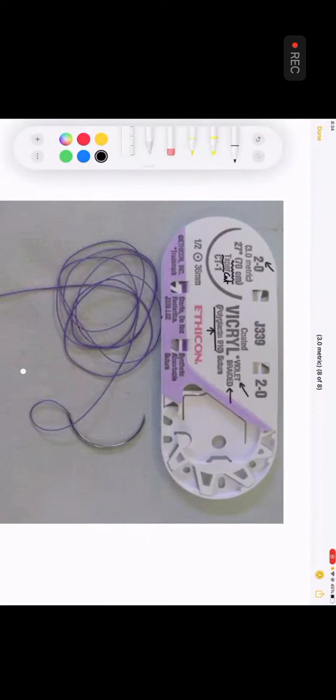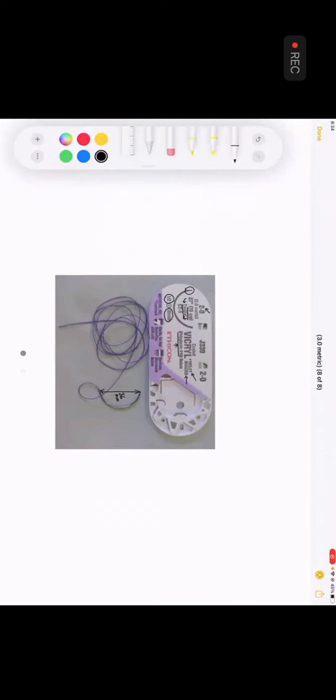The curvature of the needle is a half circle, which is 3/8 circle. So the tip of the needle is indicated by the manufacturer as a taper cut, which means a cutting needle.